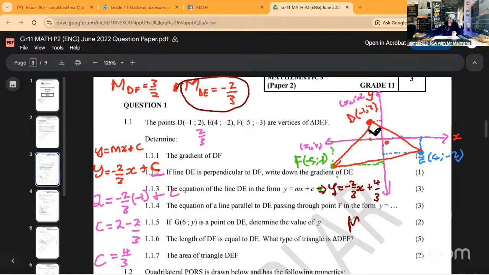We could have calculated the gradient of dE ourselves and say y2 is going to be minus 2, y1 is going to be minus 3, all over, oh no, y minus 2 on top, and then all over x would be 4 minus minus 1.